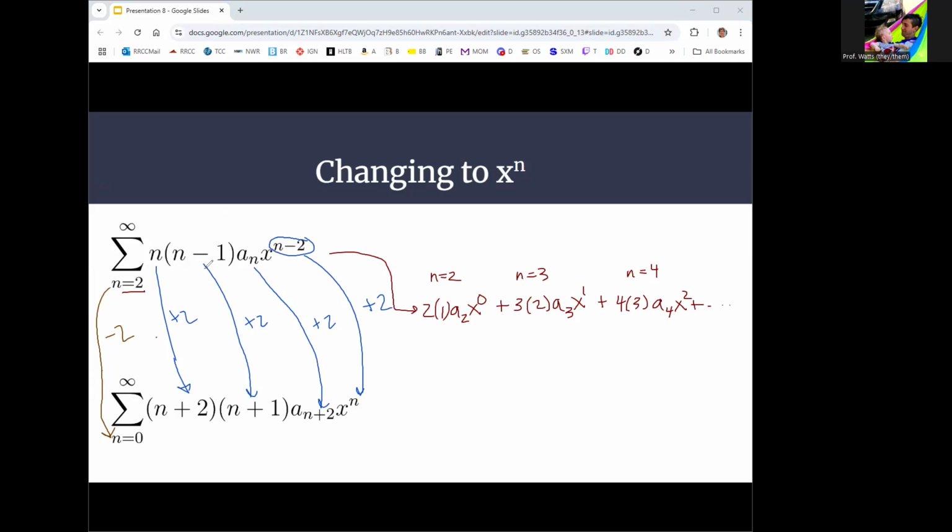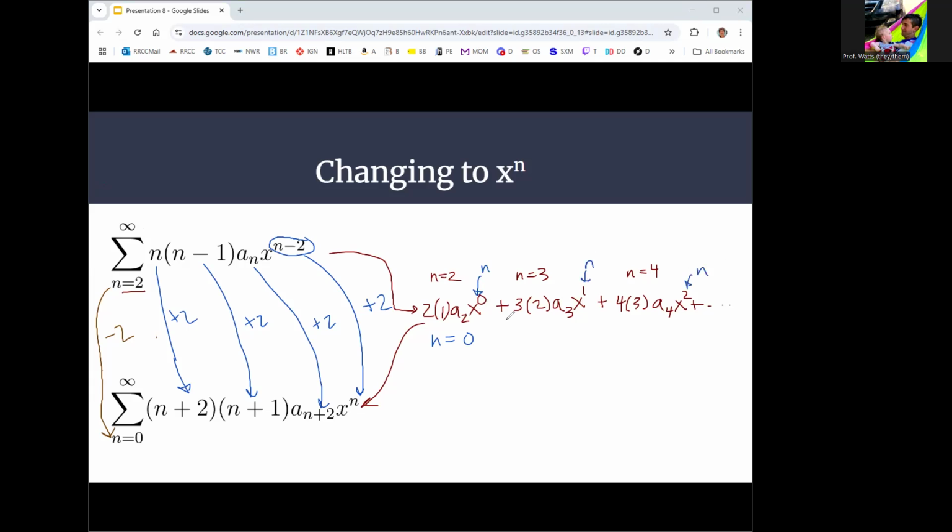All right, and so this series doesn't change. We're just changing the representation of it. And remember, I want it to be x to the n. And so I want n to be these values, right?